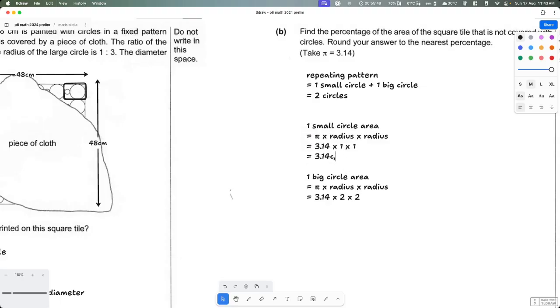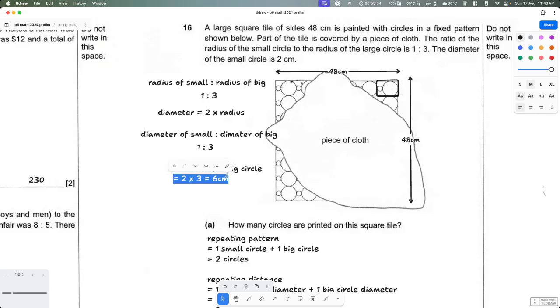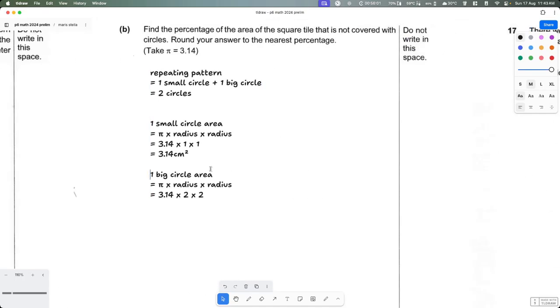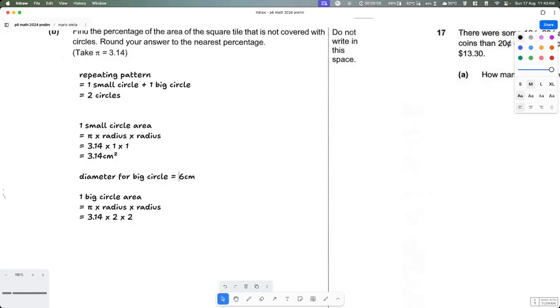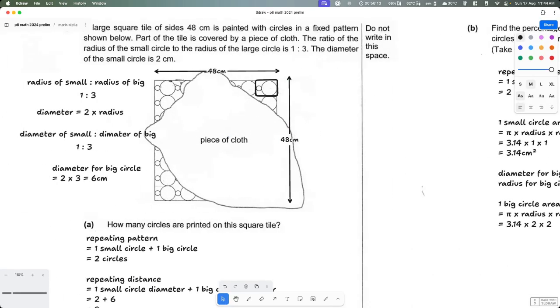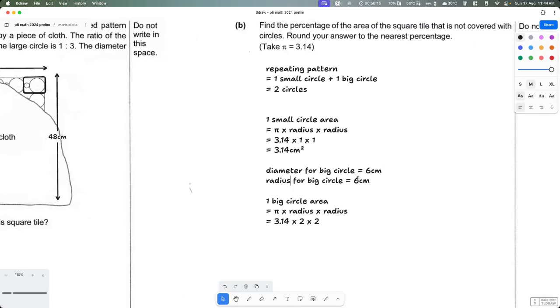Centimeter square. So the diameter of the big circle is 6 centimeters. That means the radius of the big circle is the diameter 6 divided by 2, which is equal to 3 centimeters.